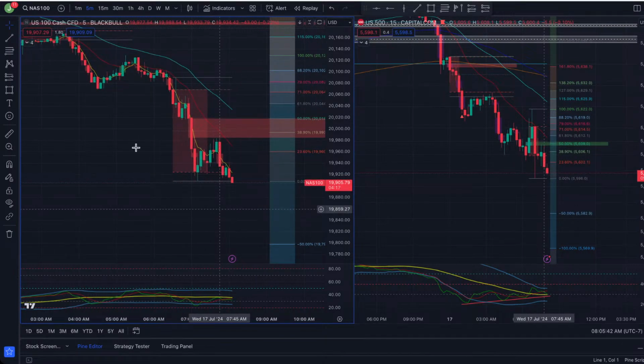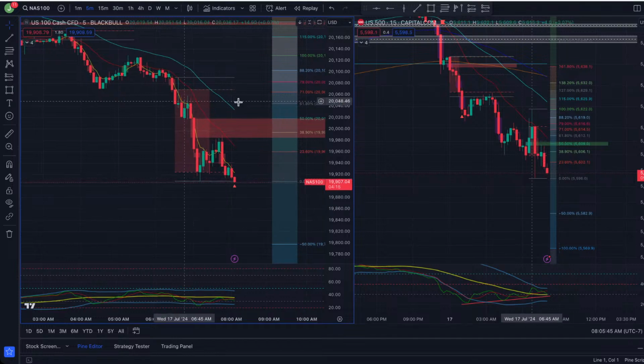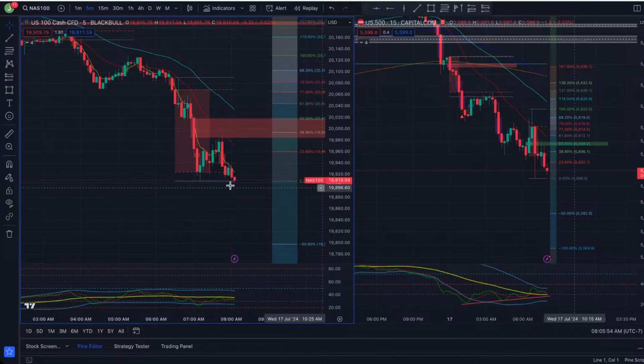Since NAS is the weaker one, it's the more appropriate one to actually look for. There's our confirmation slowly going on and off as it waits for this body to close.